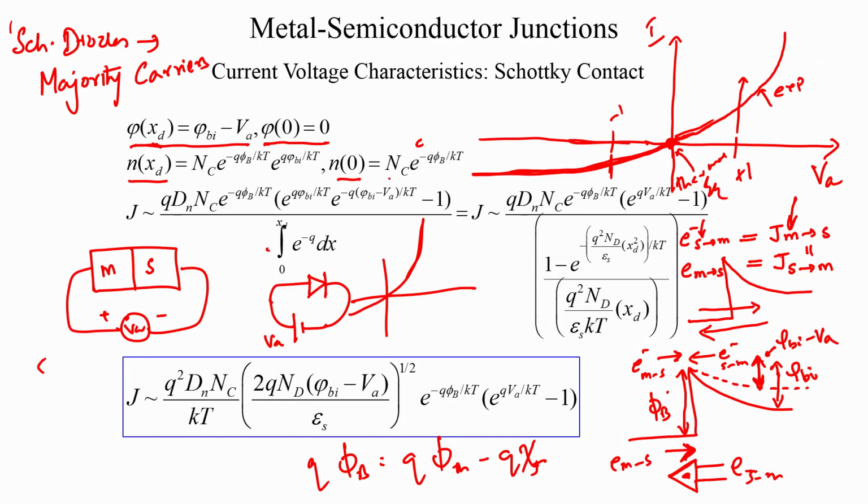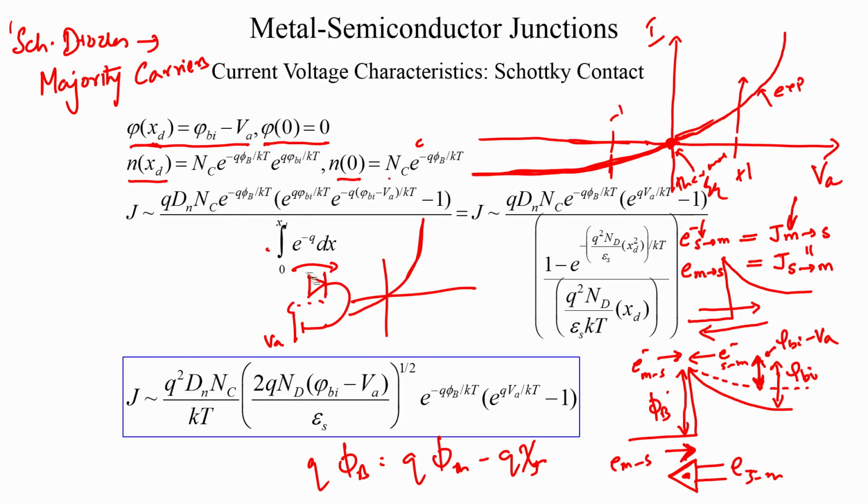It allows current in this direction while not permitting too much current in the opposite direction. Okay, so that's basically a good overview of the current due to diffusion in the metal semiconductor Schottky junction diode, and these are called Schottky diodes.